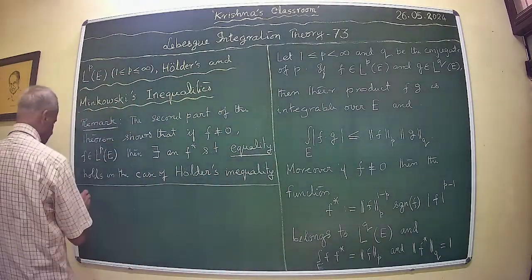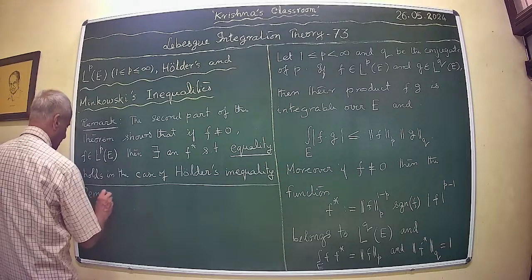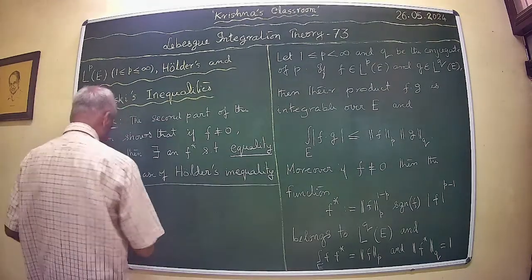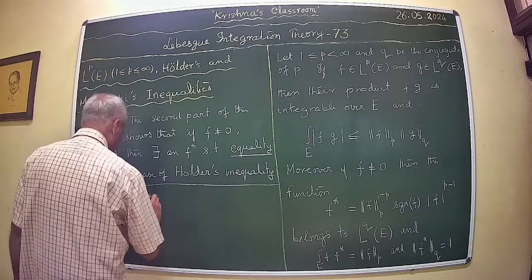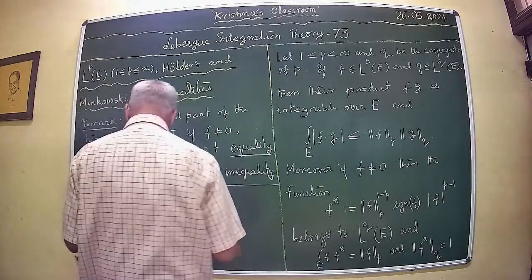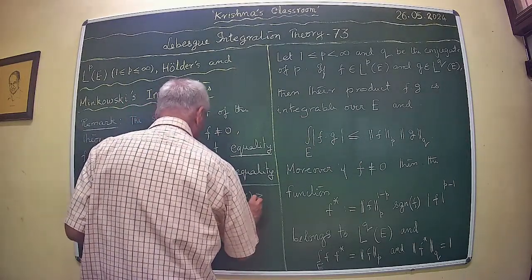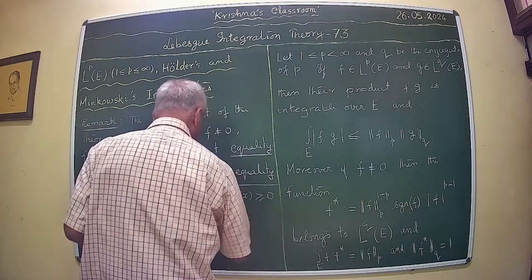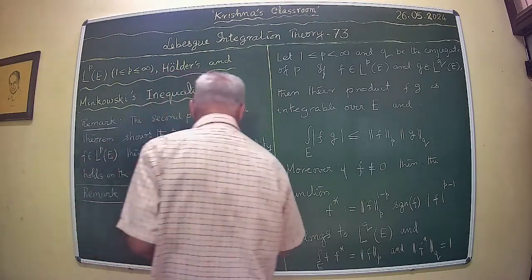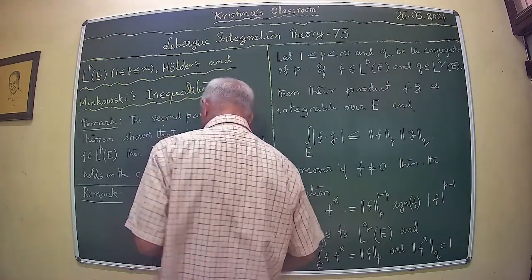So we make a further remark. The signum function is defined as 1 if x is greater than or equal to 0, and -1 if x is negative.